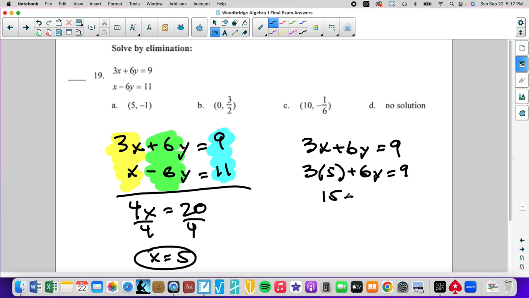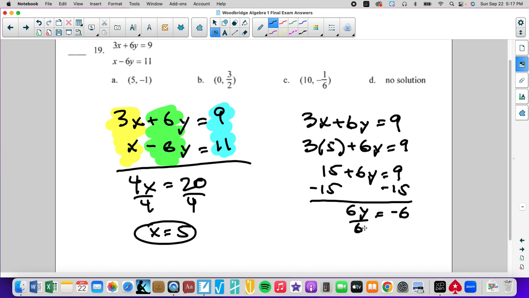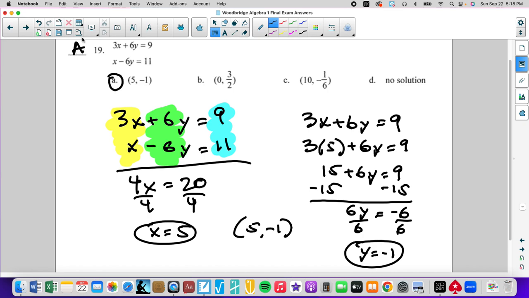This is 15 plus 6y equals 9, minus 15, minus 15. 6y equals negative 6. Divide by 6, divide by 6. Y equals negative 1. So my coordinate is 5, negative 1. The x goes in the x coordinate. The negative 1 goes in the y coordinate. And that would be A.